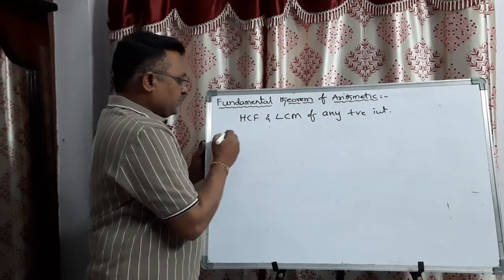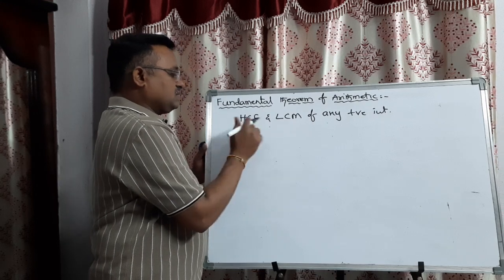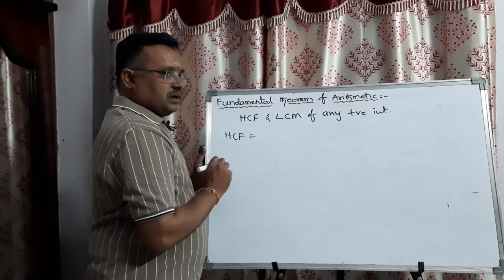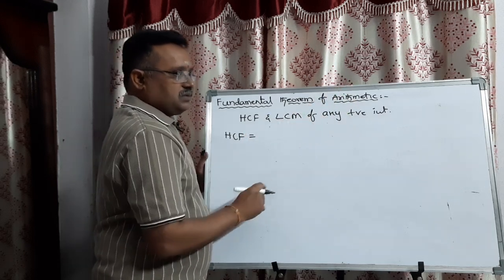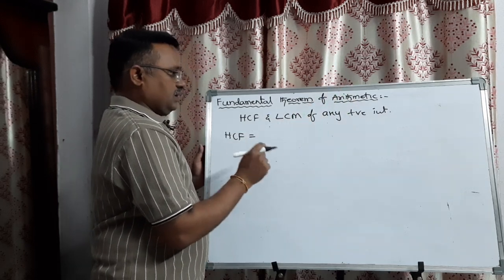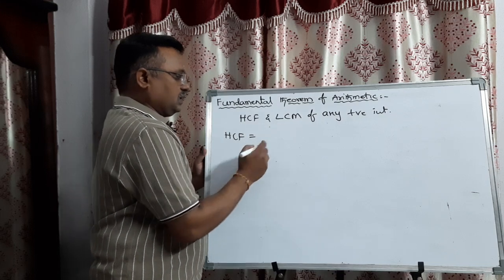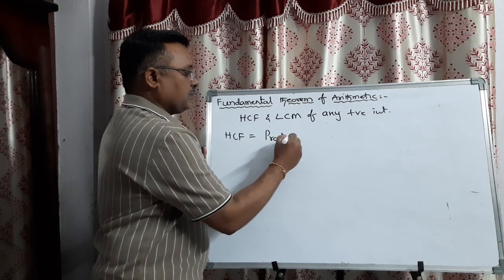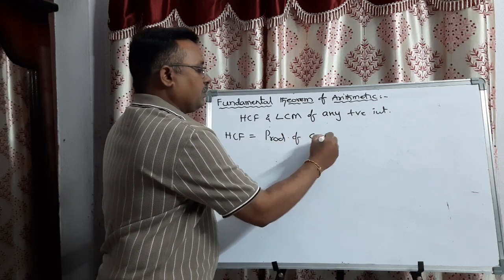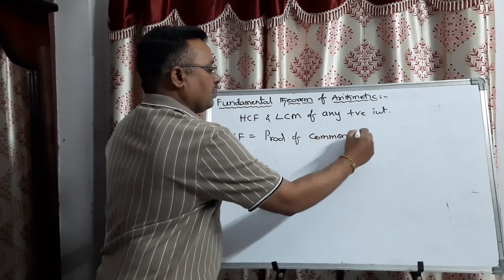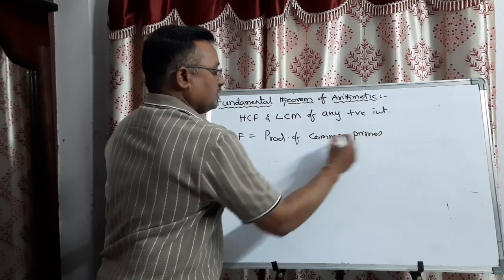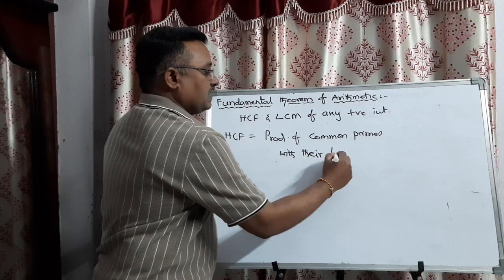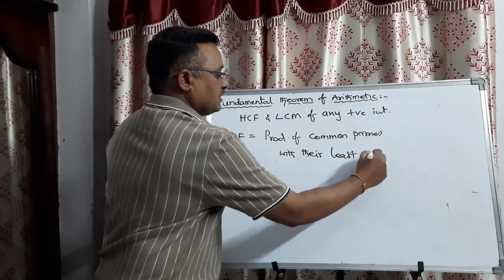What is that one? So what rule is there to find out the HCF? HCF of any positive integers will be traced out using the rule: HCF is nothing but the product of common primes with their least powers.